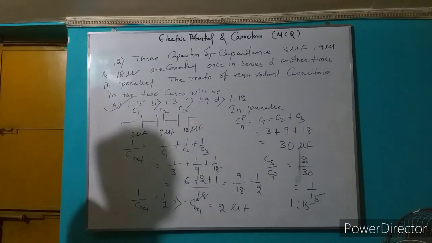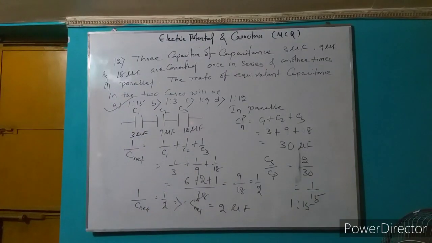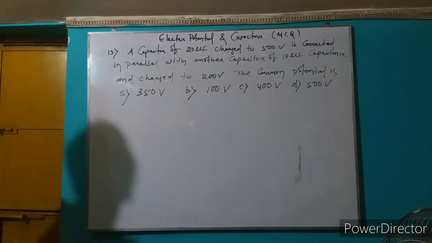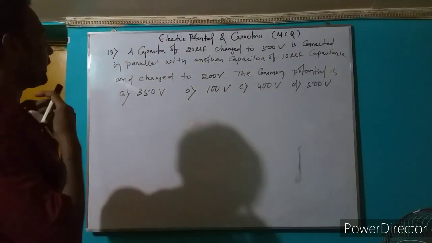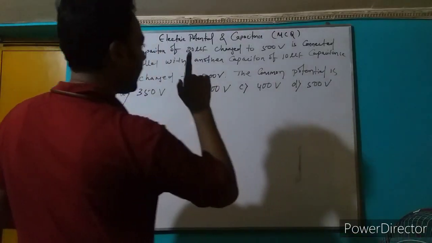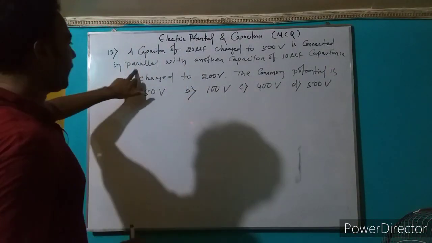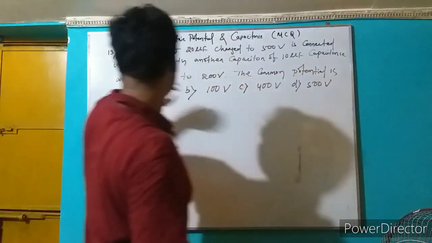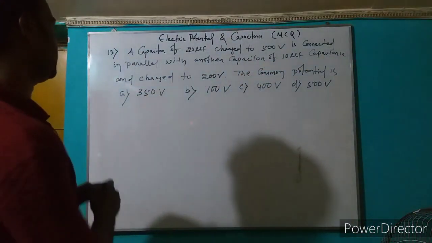Okay. Now my next question is, here in question number 13, a capacitor of 2 microfarad charged to 500 volt is connected in parallel with another capacitor of 10 microfarad capacitance and charged to 200 volts.